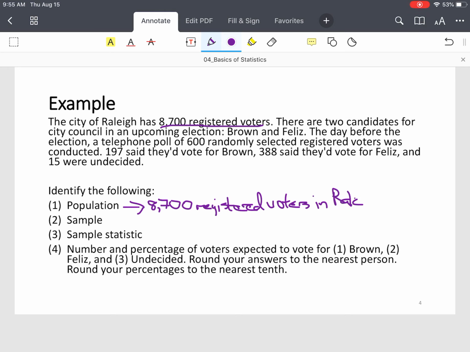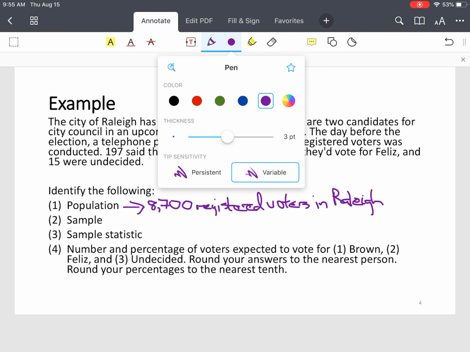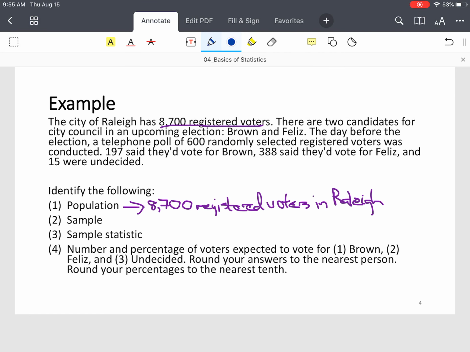Now, we don't know if that's Raleigh, North Carolina, but we're just going to say in Raleigh for this particular example. All right, the sample. Sample in this case were the 600 voters who were polled via telephone.